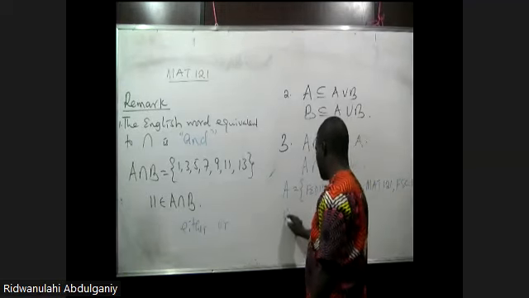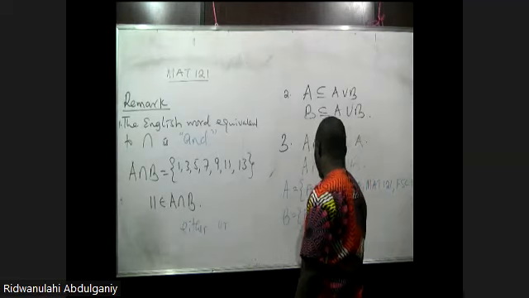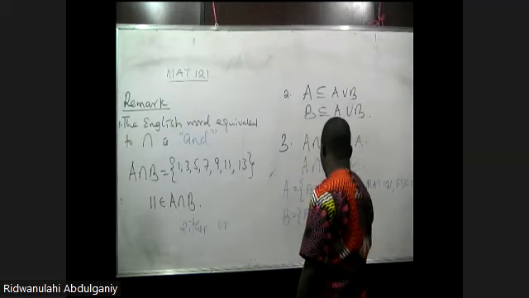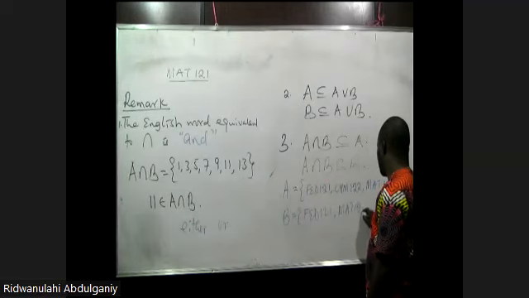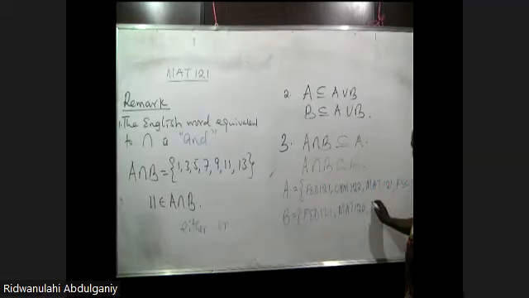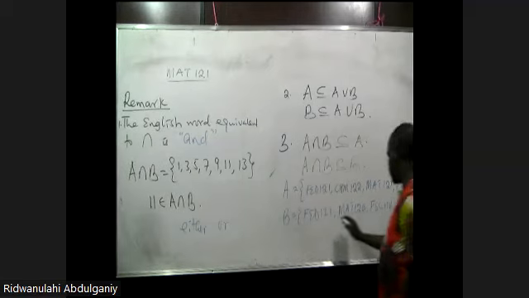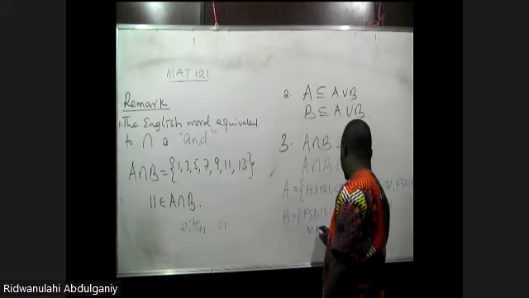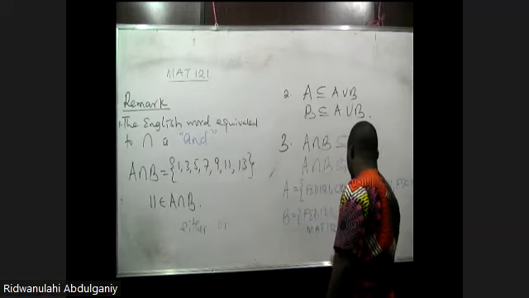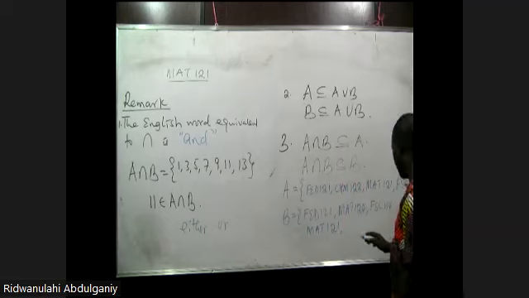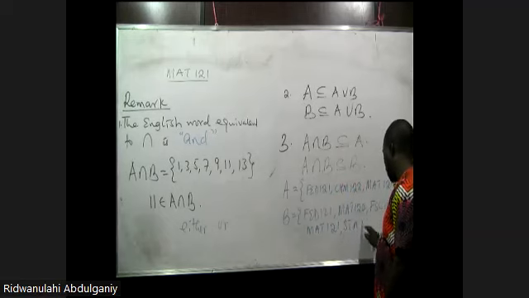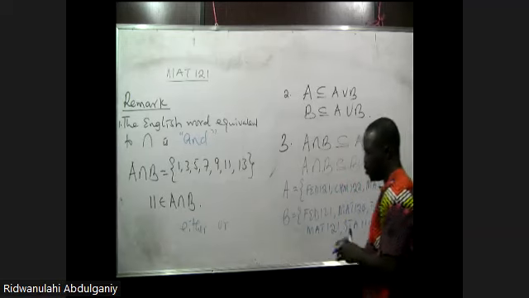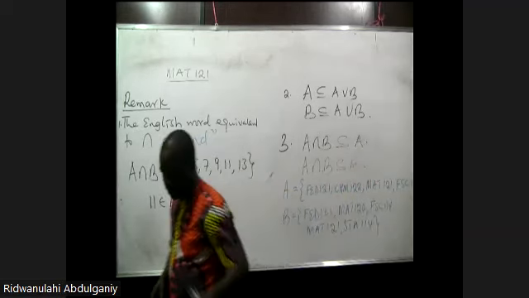Set B is FED 111, MAT 124, FSC 114, MAT 121, and STA 114. What is A intersection B?